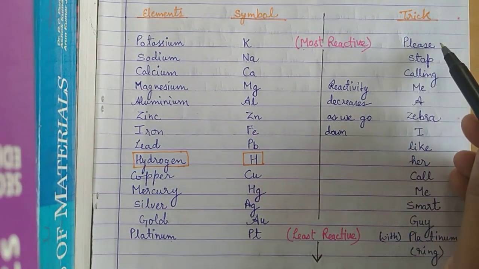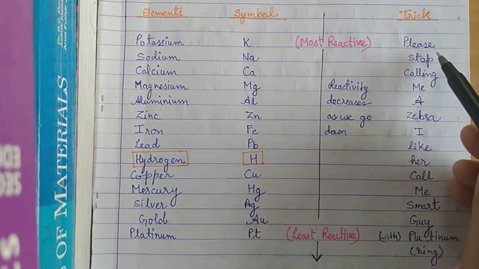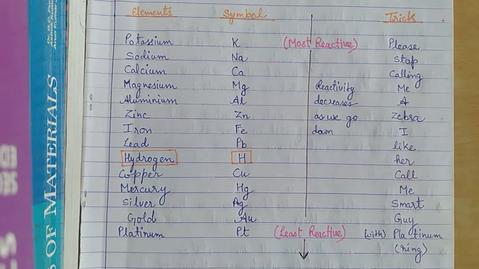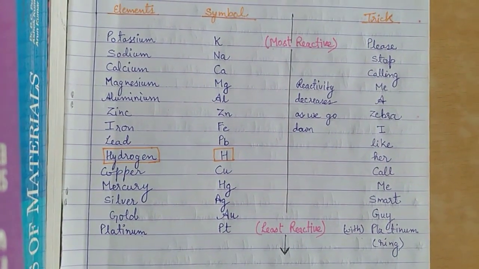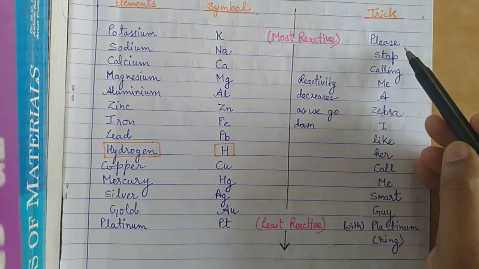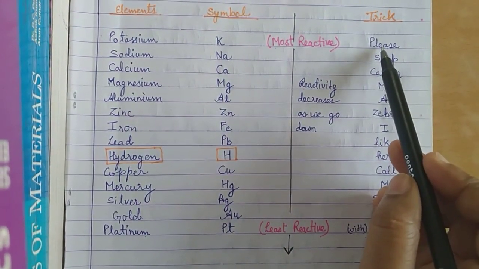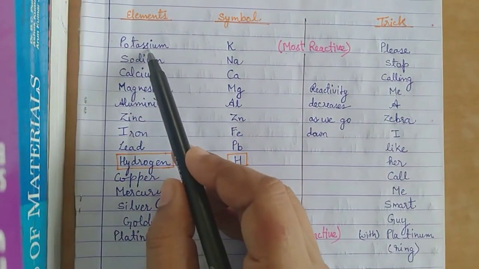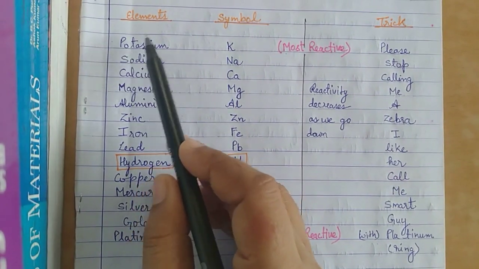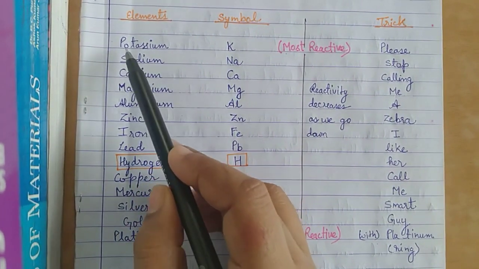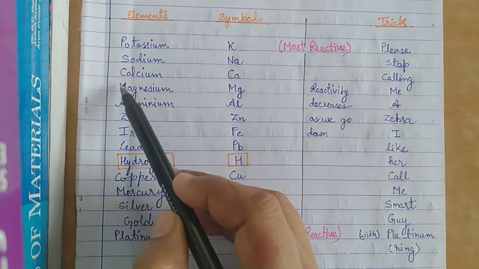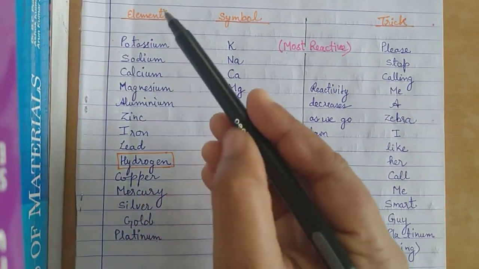Now next one is how to remember this, that this should be in a proper line. How to remember this? So I have made a trick here. All of you can follow this trick. Just pay attention: the name of the elements here, I have made it from the first letter of the element.